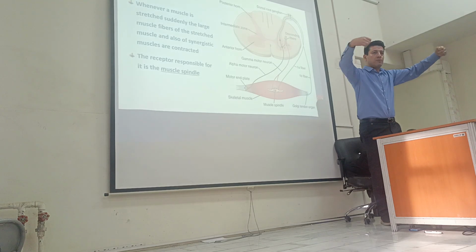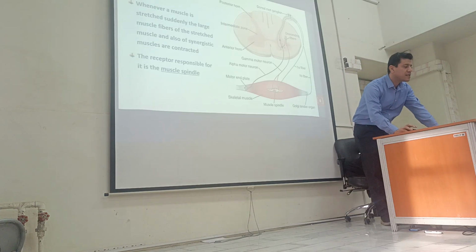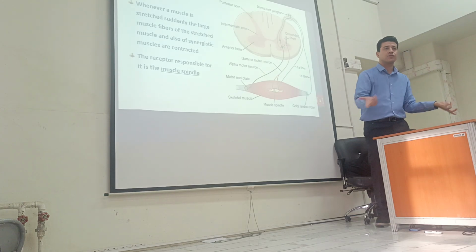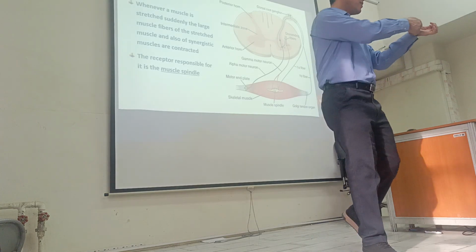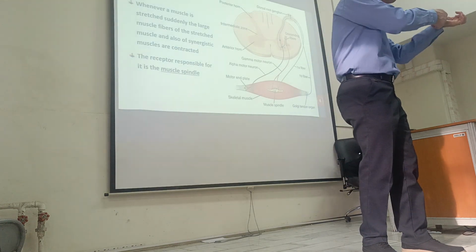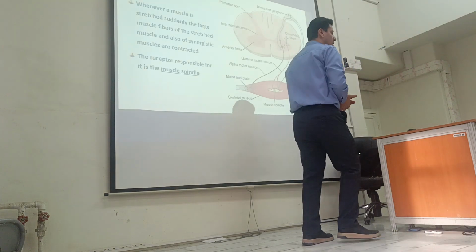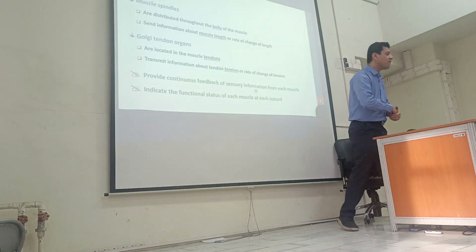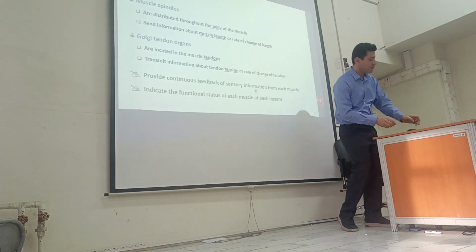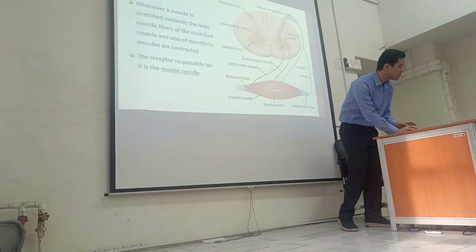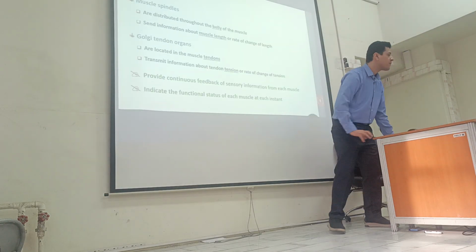So if we stretch, the muscle spindle is activated, it sends a signal to the spinal cord, activates the alpha motor neuron, the black one. The alpha motor neuron comes back to the muscle and causes contraction. Right? So stretch of a muscle contracts the muscle. Right? So this is called stretch reflex or myotatic reflex. Another name is myotatic reflex.